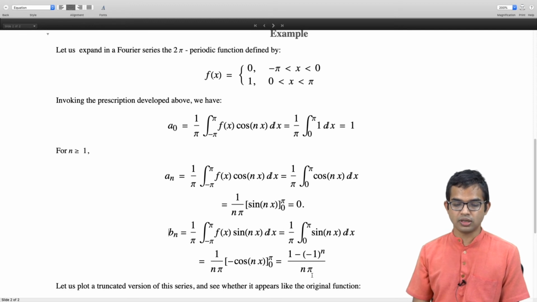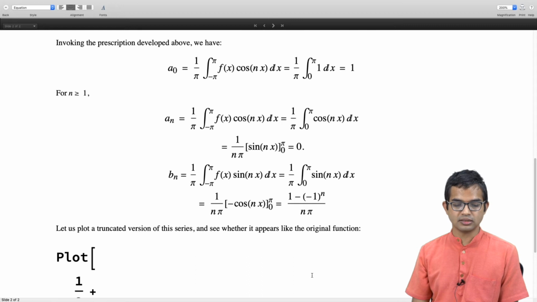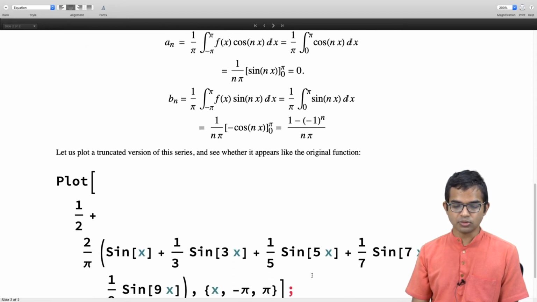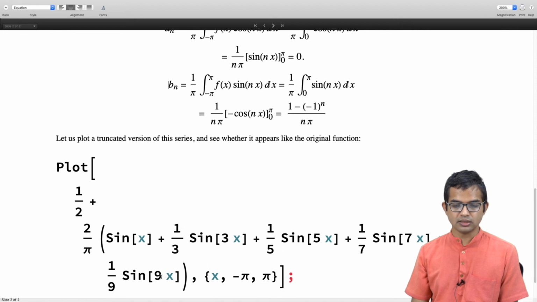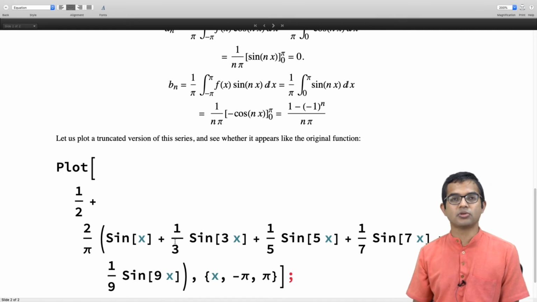If we put all this together, we can plot this. The function looks something like this. I have kept terms up to sine of 9x. So it's going to have only sines in it. There is a constant term half, then you get 2 by pi times sine x plus 1 by 3 sine 3x plus 1 by 5 sine 5x, and so on.